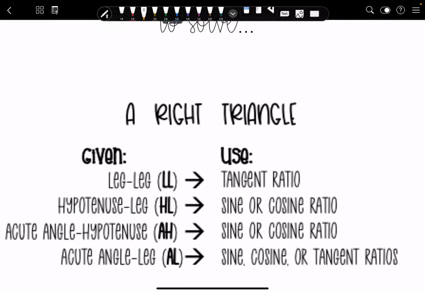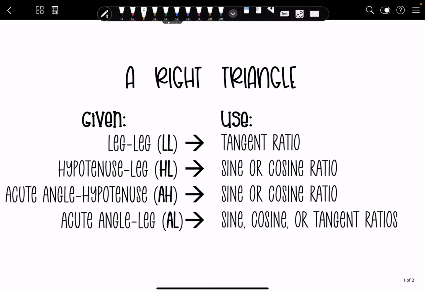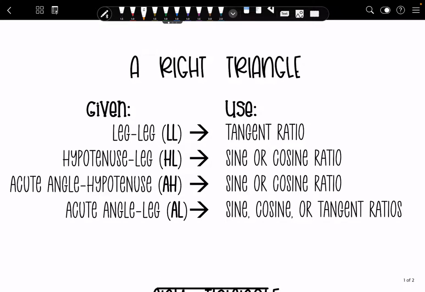I just want to remind you that for a right triangle, if you are given both of the legs, your opposite and your adjacent, by the way, that means you're using the tangent ratio. If you have a hypotenuse and a leg given to you, you're either going to end up using the sine or the cosine ratio based upon what you've been given.